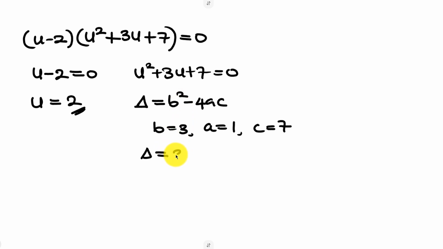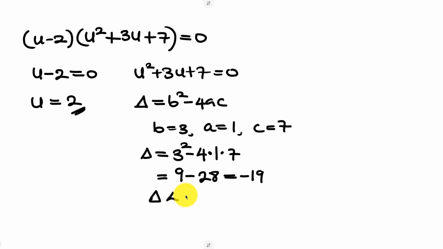So b squared will be 3 squared minus 4 times a is 1, times 7 is c, so times 7. So this will be 3 squared is 9, minus 4 times 1 times 7 is 28. Now, this will result to 9 minus 28 is negative 19. So we have the discriminant to be negative. That means we're not going to be having real solution from here. So our focus will just be on this.